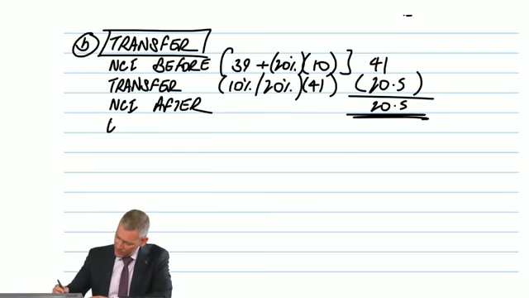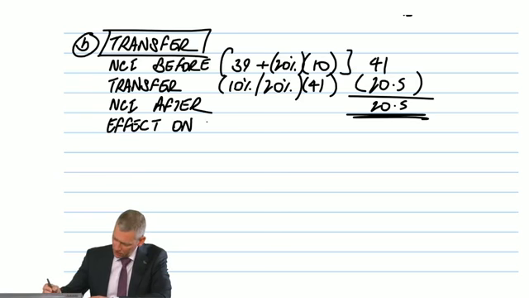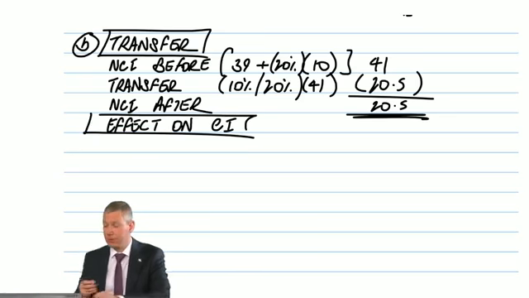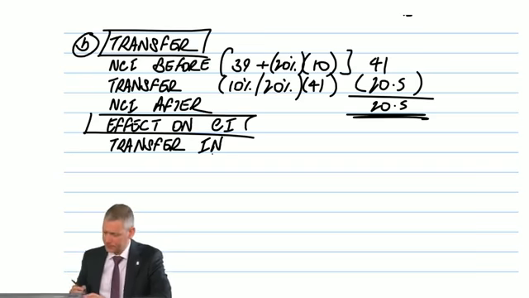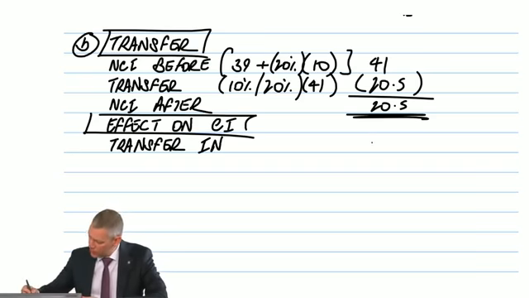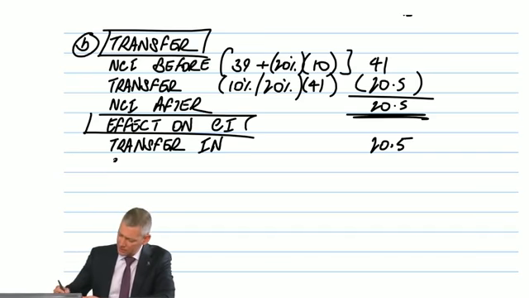Then we have the effect on CI. No need for journals, remember. So the transfer is coming in, and that's 20.5. But the consideration is going out.